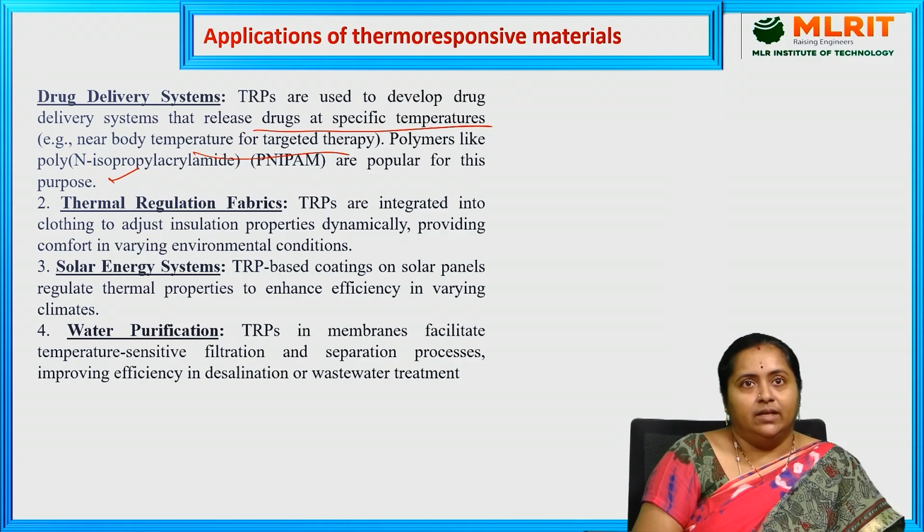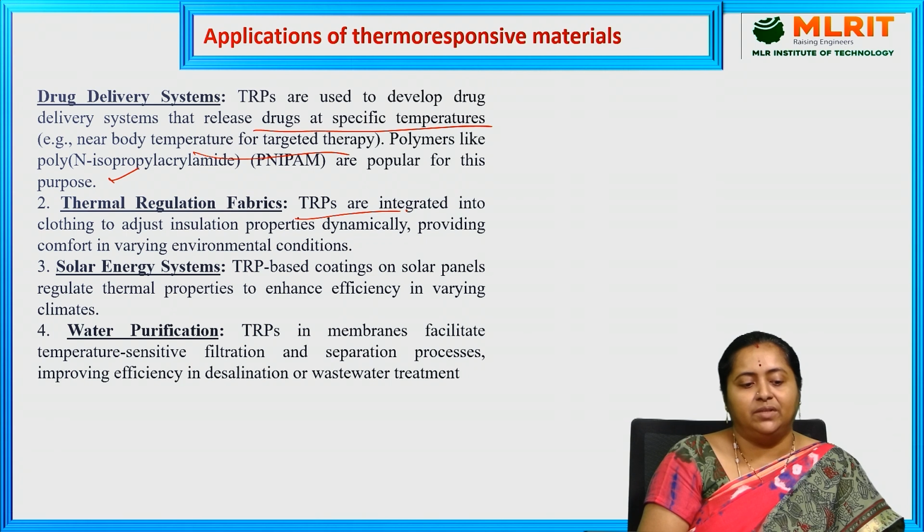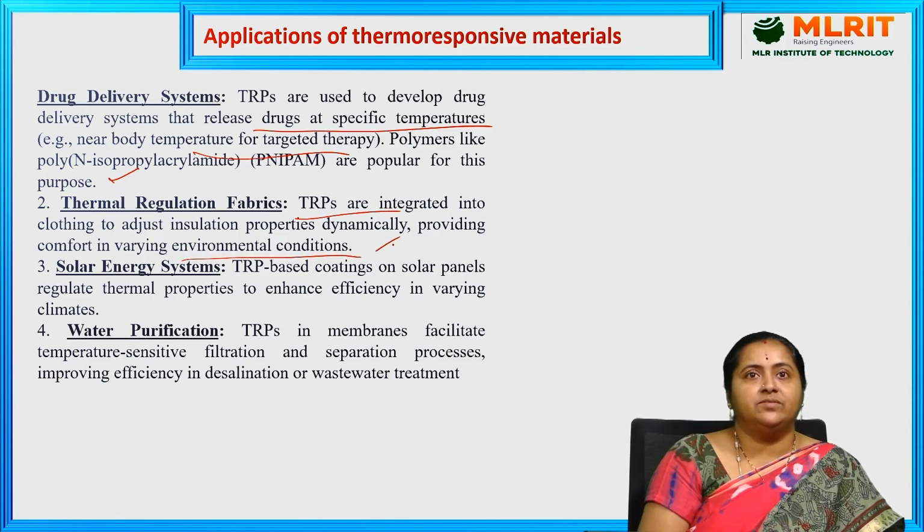And then in thermal regulation fabrics also it has applications. Thermoresponsive polymers are integrated into clothing to adjust insulation properties dynamically, providing comfort in varying environmental conditions. Based on seasonal changes, sometimes we feel suffocation, sometimes it is cold, so accordingly it will behave.